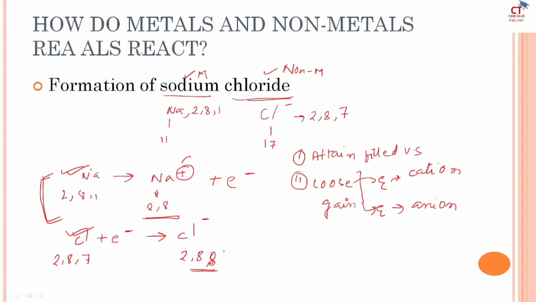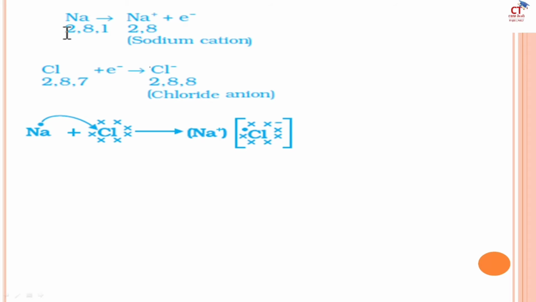Okay, so this is the same example, that is the formation of sodium chloride. This is the electronic configuration, sodium has lost an electron to become a cation, and chlorine has gained to become an anion.